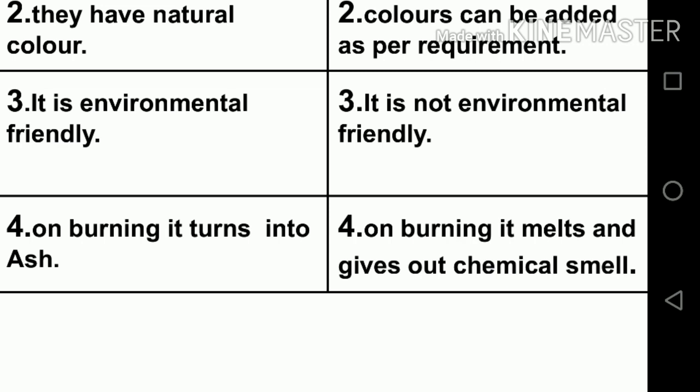That is why it is said that whenever you go to your kitchen and do your cooking work, always use cotton clothes, not artificial fibers, because artificial fabrics, when they burn, stick with your skin and may harm you. So it is suggested that you wear cotton clothes while you are cooking. These are the basic differences between natural fiber and synthetic fiber.